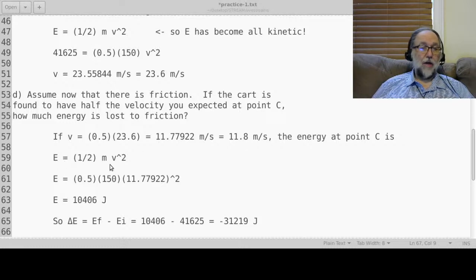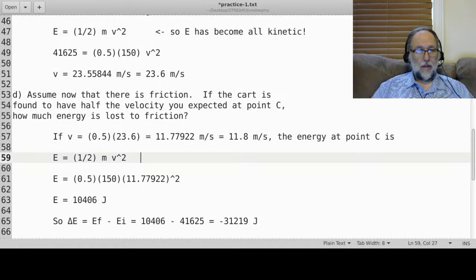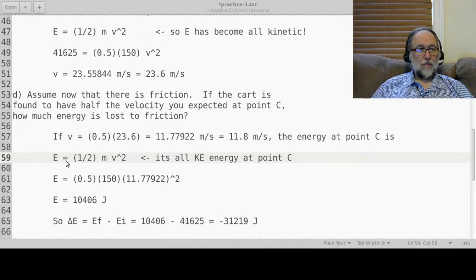All right. So the energy now, it's all kinetic. It's all kinetic energy at point C. And so E is equal to 1 half mv squared, no mgh, no 1 half kx squared. And just plug in the numbers here, a half, 150.